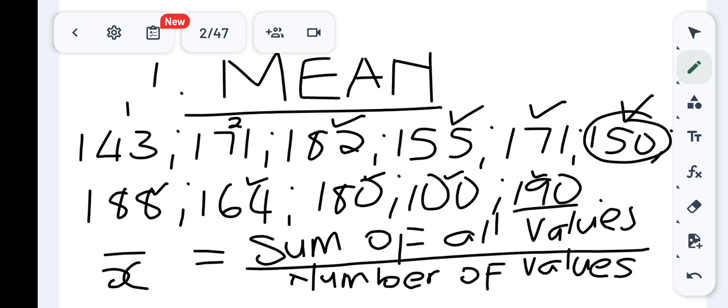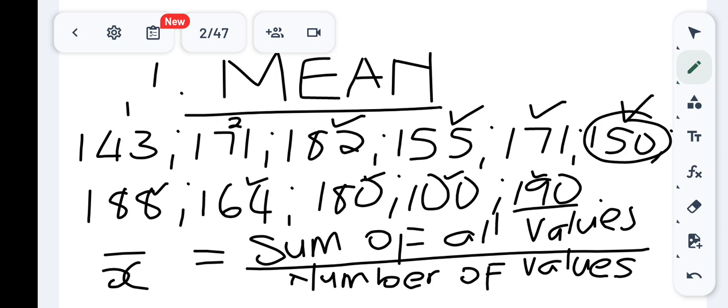Yes, 100. As you can see, this is not arranged in ascending order. It is our responsibility to make sure that the ungrouped data is arranged in ascending order. So 190 is our highest number, which means 190 is our maximum number, and then 100 is our minimum number, which is the lowest number.